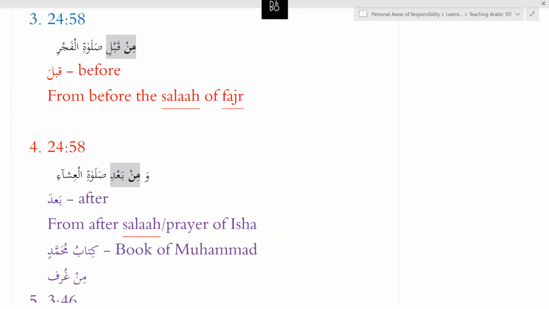What is ghurfa, Adnan? Room. What is min ghurfati Adnani? Min ghurfati, from Adnan's room. Very good. From Adnan's room, or from the room of Adnan.